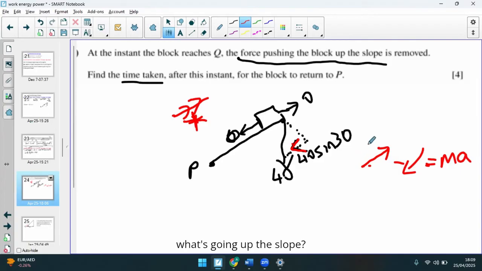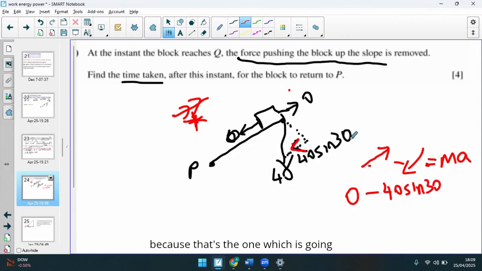Now, what's going up the slope? That's just 0. So 0 minus 40 sine 30, because that's the one which is going down, is equal to ma, which is 4a.